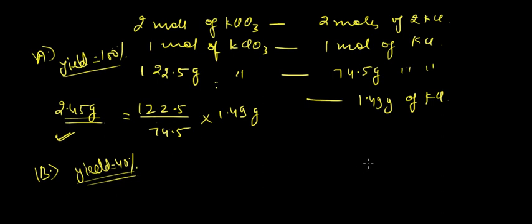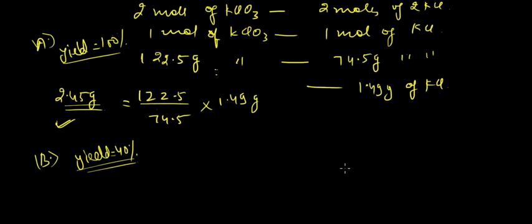Okay, but now as the yield is only 40%, then obviously you have to divide 2.45 gram by 40%. Okay, because this would give you the extra gram which is needed for KClO3 to be present in the mixture.